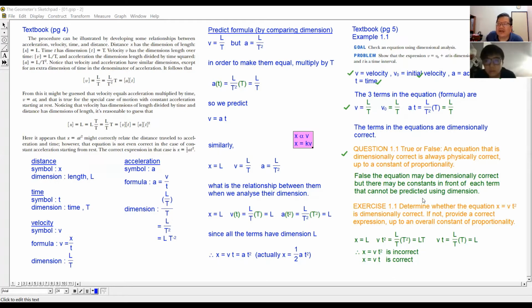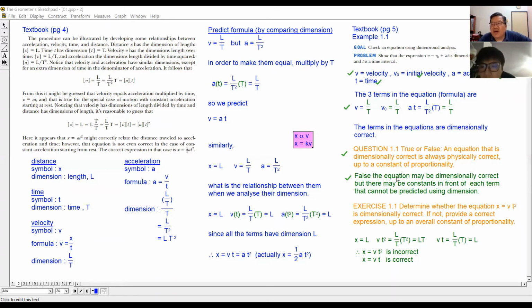What they are trying to say is, if the equation is dimensionally correct, is even the proportionality constant also correct? Is it always physically correct, or is it not true?